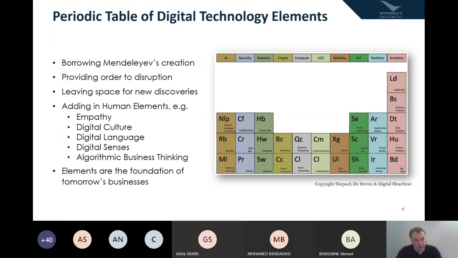We might reasonably expect, for example, elements of empathy, collaboration, communication, digital culture, digital language, digital super senses, and algorithmic business thinking to form a further period on our table, and in doing so, recognize some of the molecular foundations of tomorrow's teams and organizations.